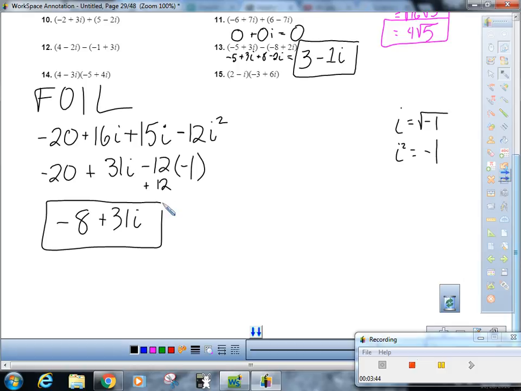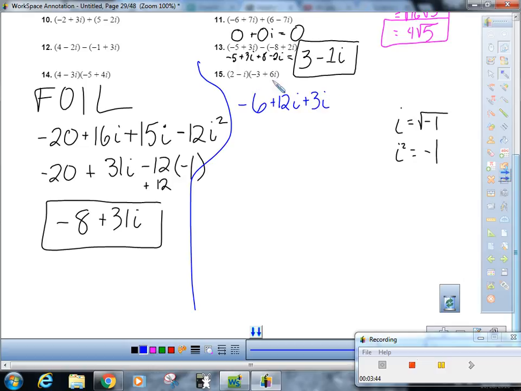Got it? All right, so we're going to try number 15. I'll do it in blue so we don't confuse you with what we just did. What's 2 times negative 3? 2 times 6. Negative 1 times negative 3. Positive 3i.